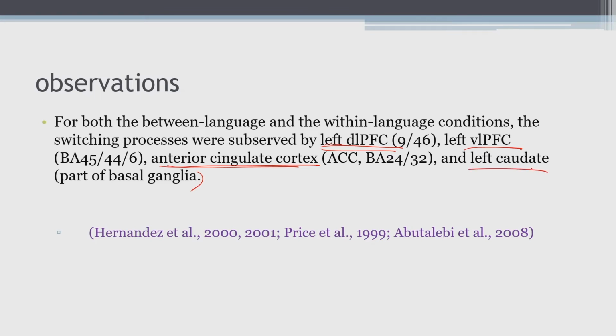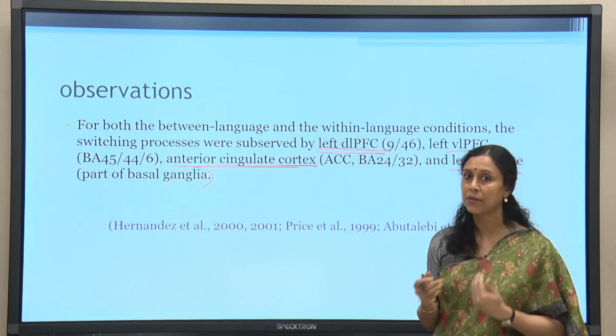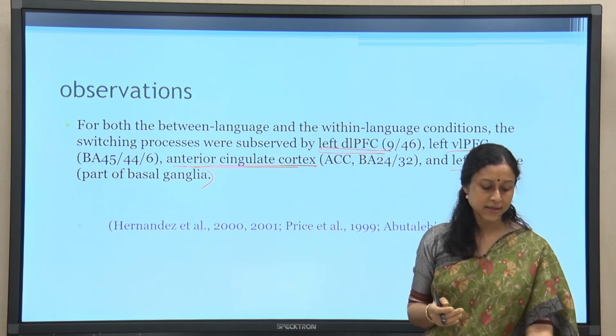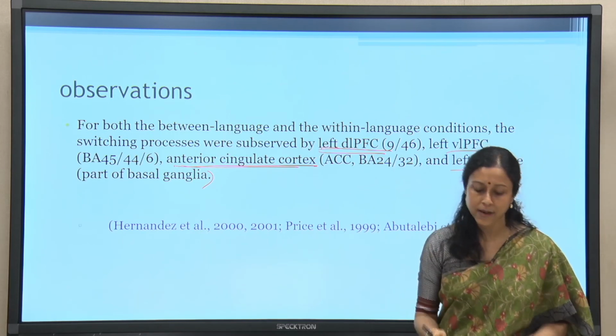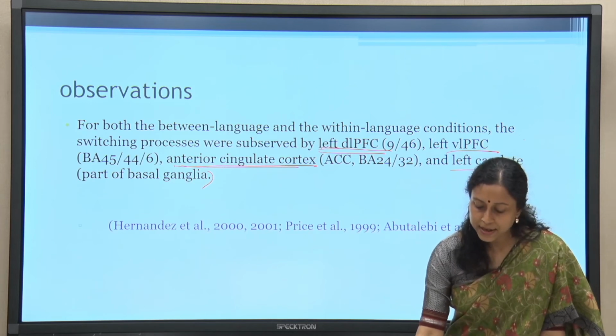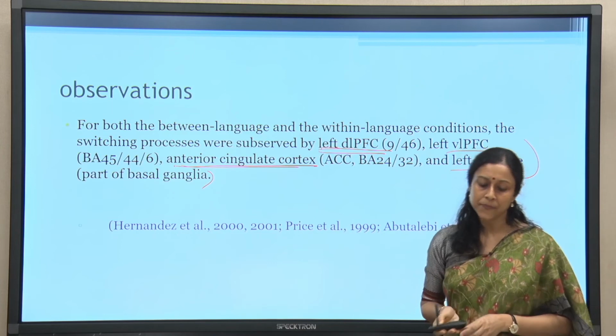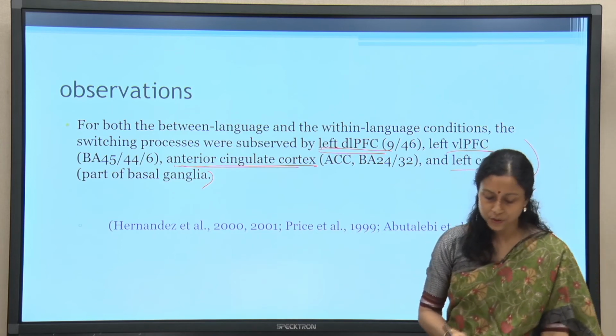These are the regions that were found to be activated during the process of resolving the conflict in both cases, so during the switching process. Whether it is within language switching or between language switching, within language, remember, is not a language switch, it is just a task switch, but in between language cases it is a language switch. In both cases they find similar brain areas activated, those areas that are considered to be the general purpose cognitive control network.